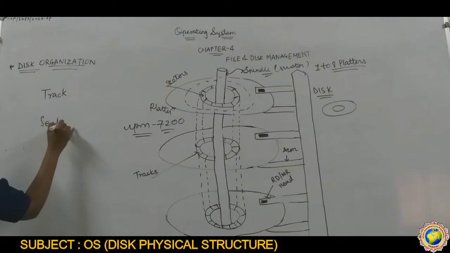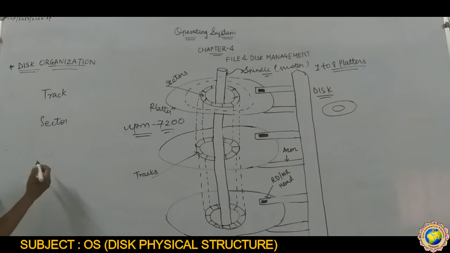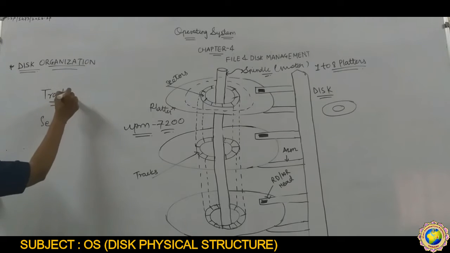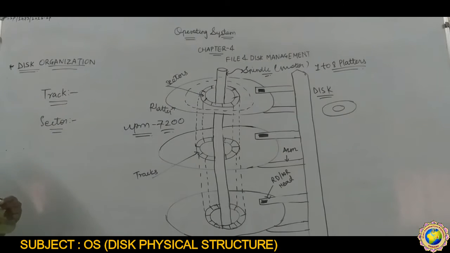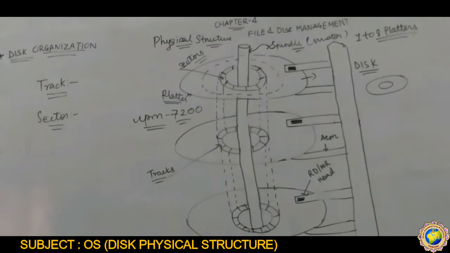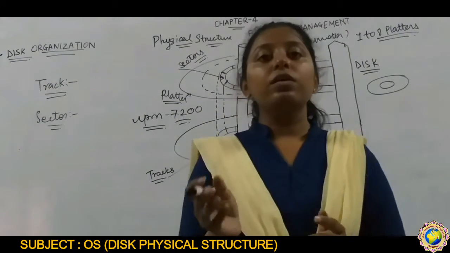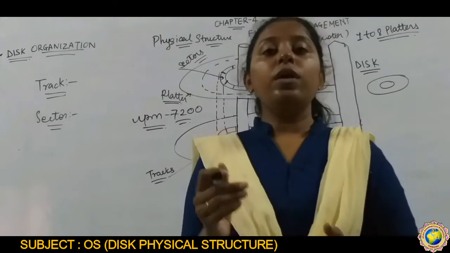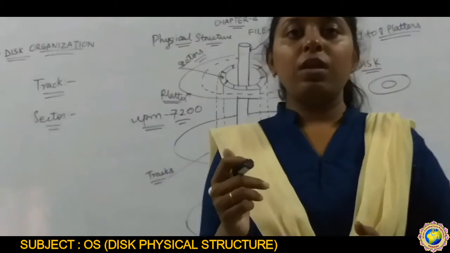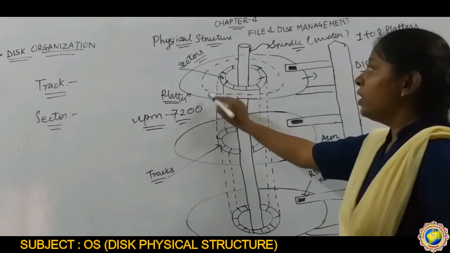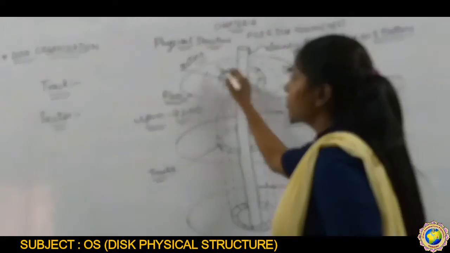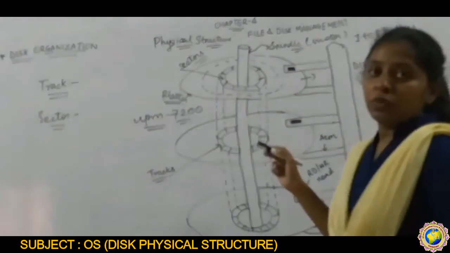Let's see the exact definitions of track and sector. A track is nothing but a concentric circle or flat ring on the platter.